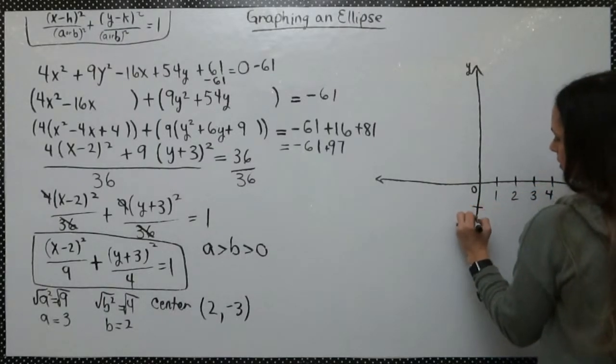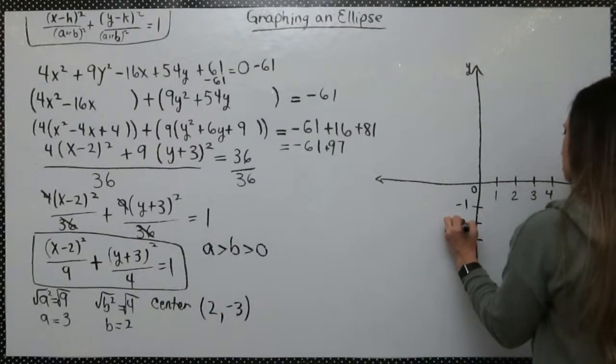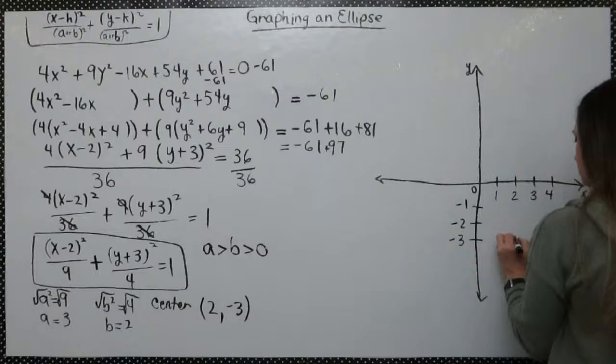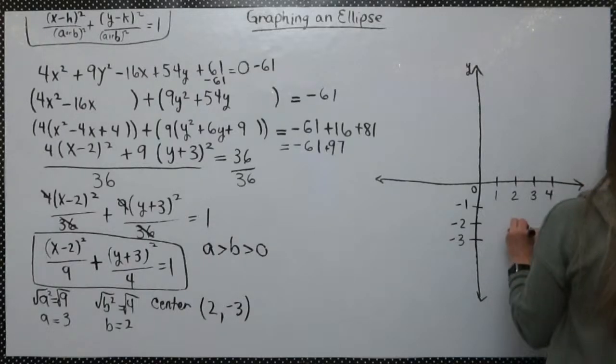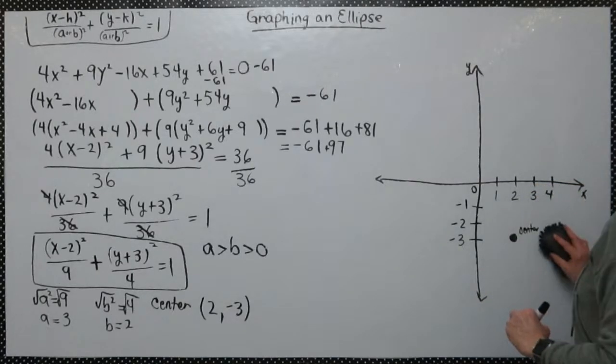So we'll say 1, 2, 3. Positive 2, negative 3. Right here is my center.